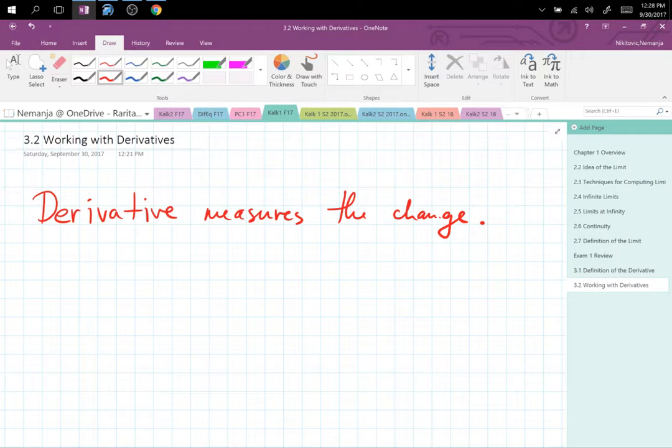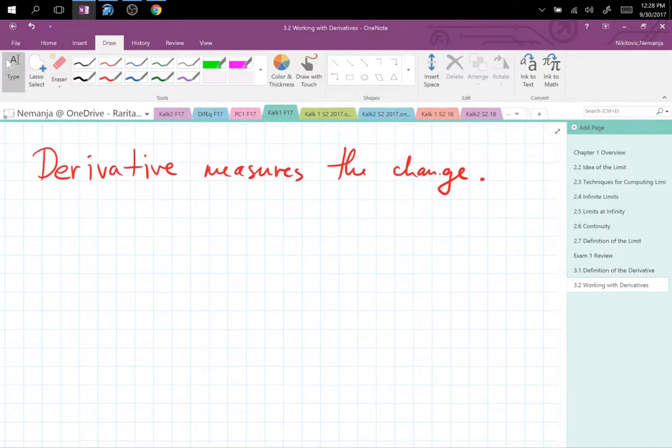But in order for us to see that, we have to take a look at a few graphs of functions and derivatives and see how they're related and what this derivative actually tells us.